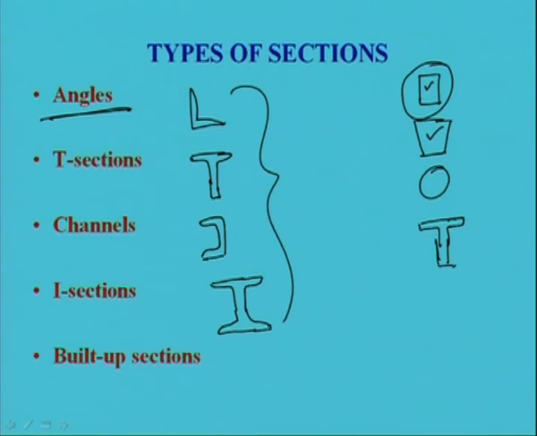In that case, we have to go for some built up section, right. Now, with the available sections, from the experience one can see that the I section is the most effective section for using as a beam member, that means for the flexural action, right.